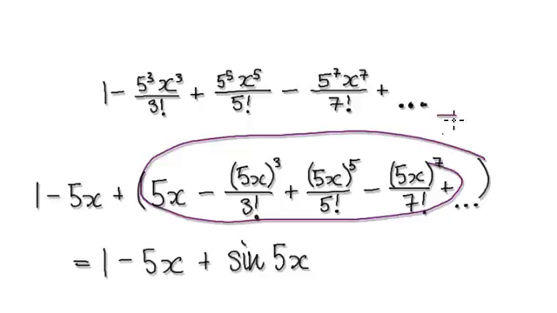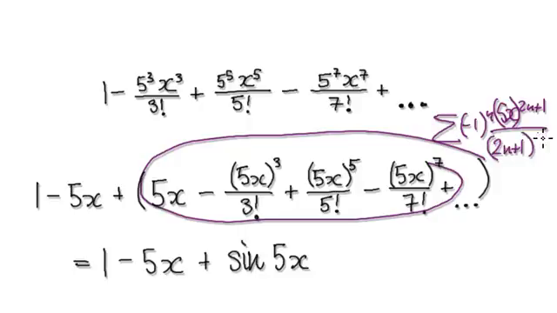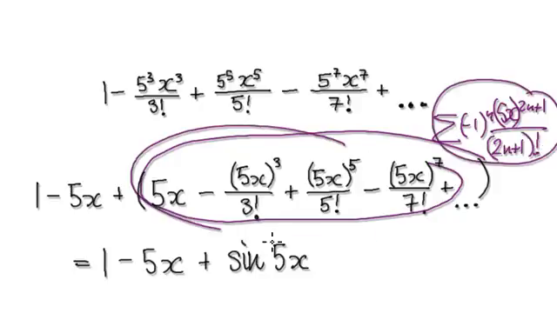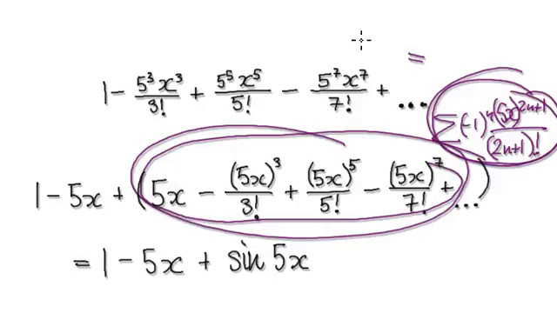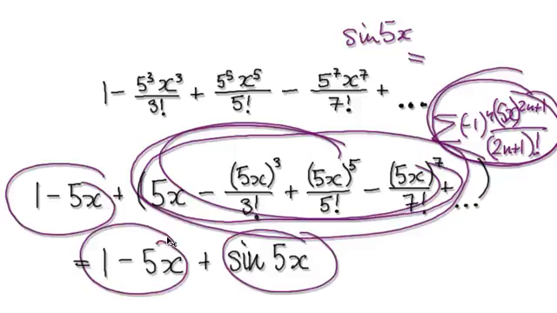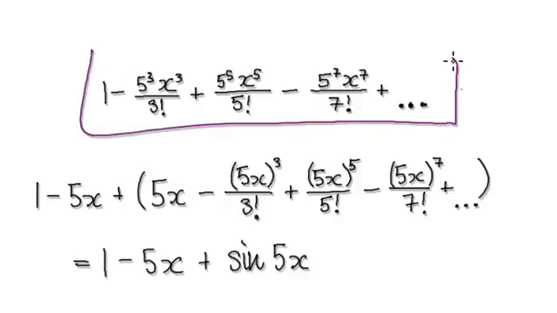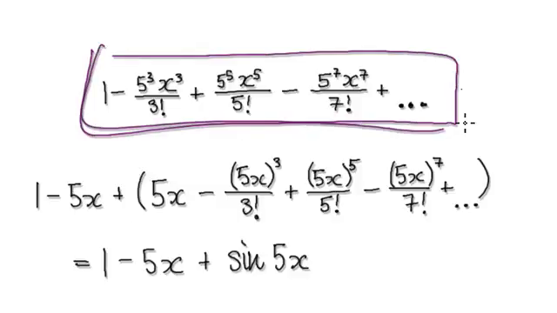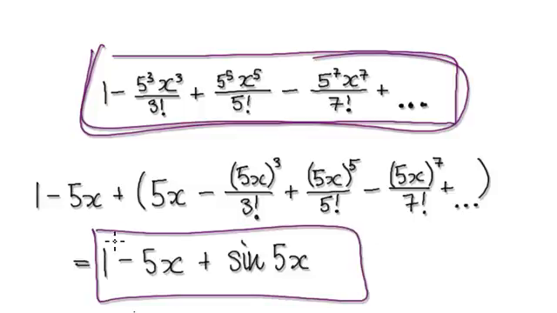This whole thing here was the summation of negative 1 to the power of n, and then what was it? x to the power of 2n plus 1, 5x to the power, and then over 2n plus 1 factorial. You see, this whole thing here is actually sine 5x, and then this bit here is this bit here. So overall, the series which we're trying to investigate represents this here.